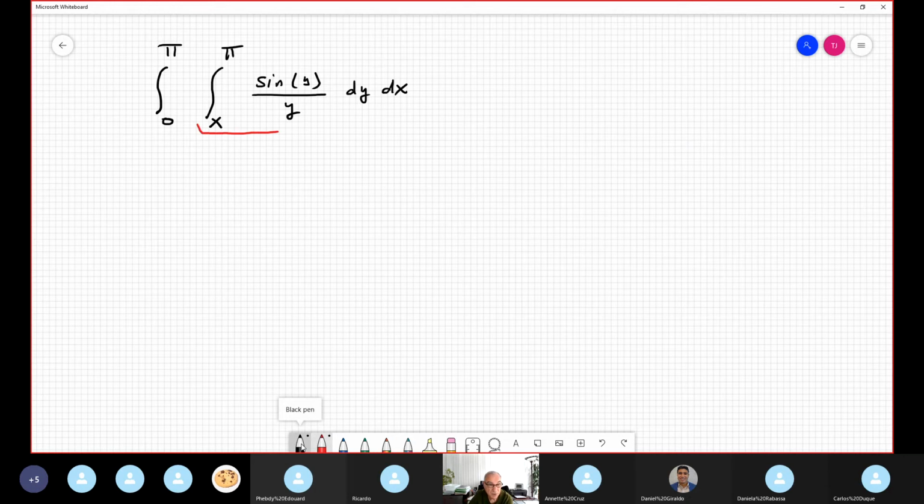We are doing this integral first. When you try to do this integral, I found that the antiderivative of sine y divided by y is impossible. It's impossible. There are no antiderivatives. So, we are frustrated.